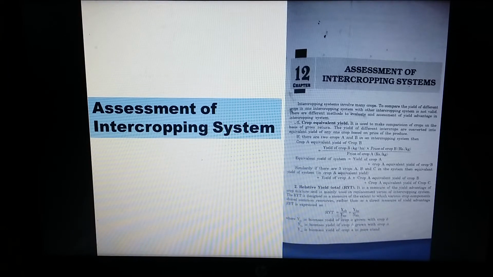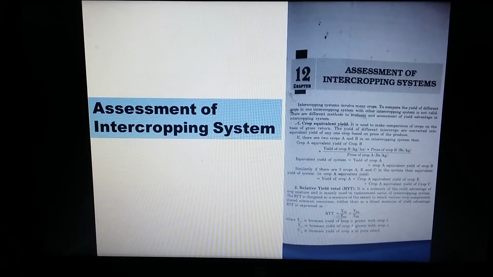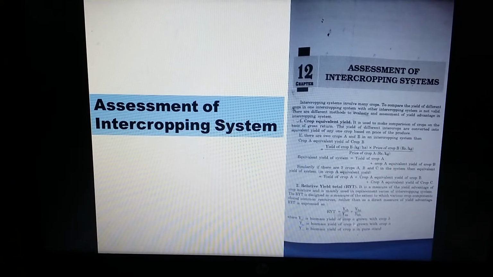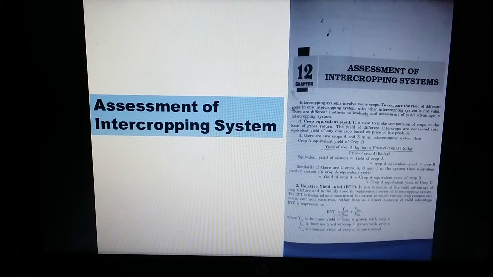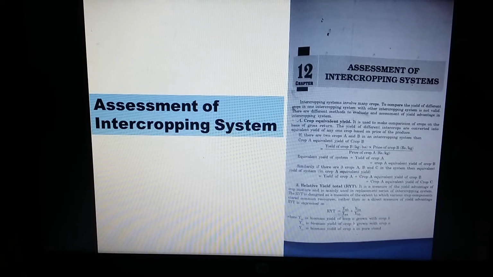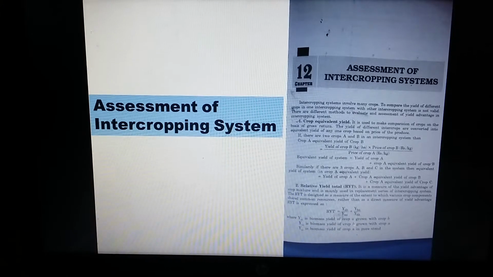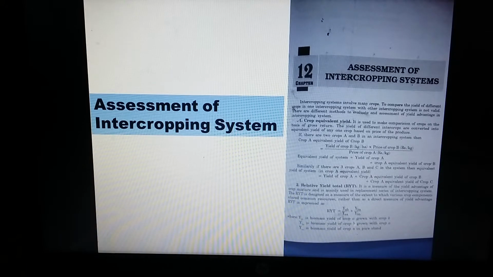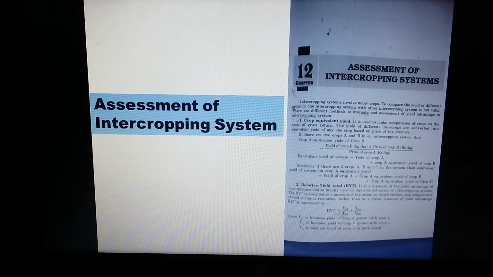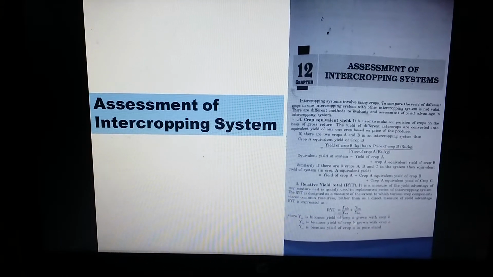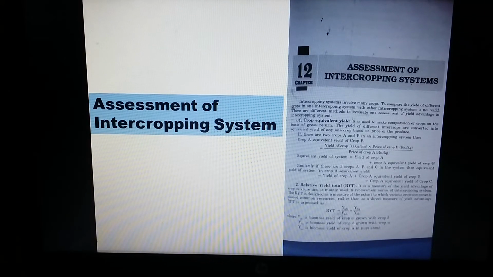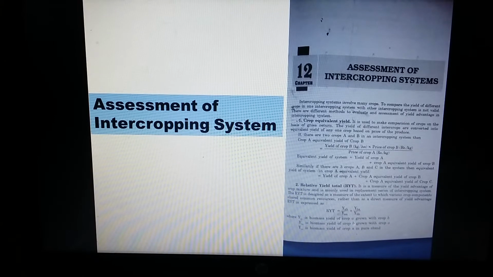There are different methods to evaluate and assess yield advantage in intercropping systems. So we cannot simply add one crop yield with another crop yield in an intercropping system. So for assessing the intercropping system, the first assessment equation is crop equivalent yield. Crop equivalent yield is used to compare crops on the basis of gross return.